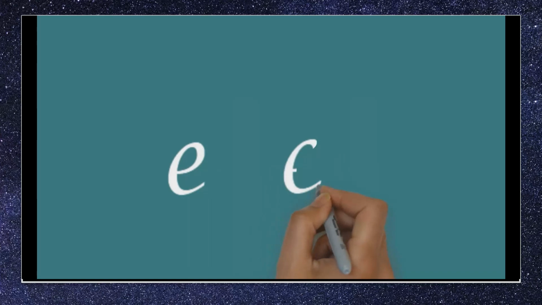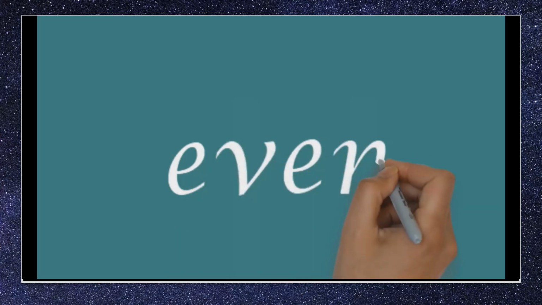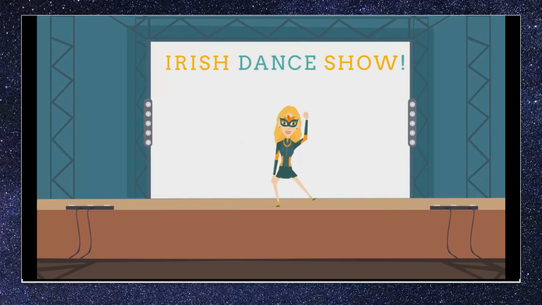Let's practice. E, v, n. Even. Next up is a dance show. The theme is Irish dance.